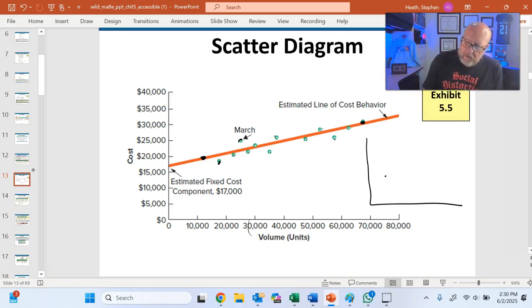All right. So I could have a bunch of data points and do my high-low method. I would take this data point and map it to that data point. That's my high-low method. And then the regression would be something more like this. The question is, if I'm producing this many units, what can I anticipate?